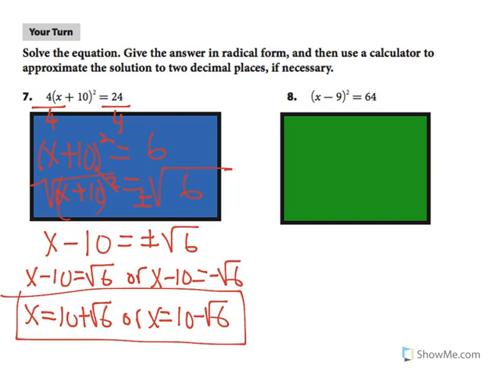Or if you want to, for number 7, you could have written it as 10 plus or minus square root of 6. Okay, so let's go on to number 8. For number 8, we have the square by itself, so you would just take the square root of both sides. Always include plus or minus when you solve for it.